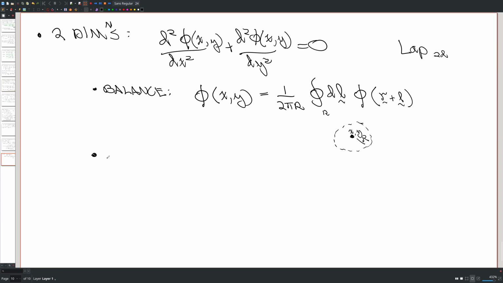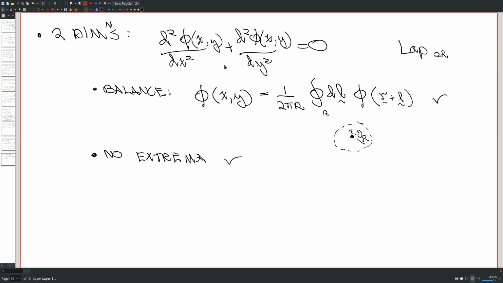And of course, the no extrema condition also holds. So this holds and this also holds. So what does that mean? It means indeed that manifestly there's no point xy such that the curvature in all directions is positive. If it's positive in a certain direction, it has to be negative in a neighboring direction in order to make sure that the Laplace equation is fulfilled.